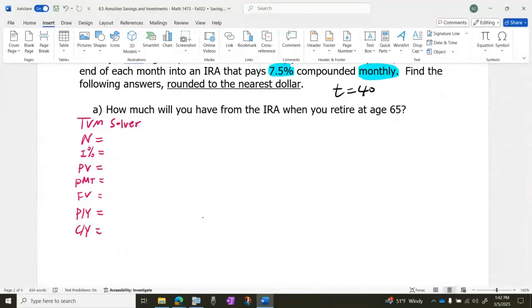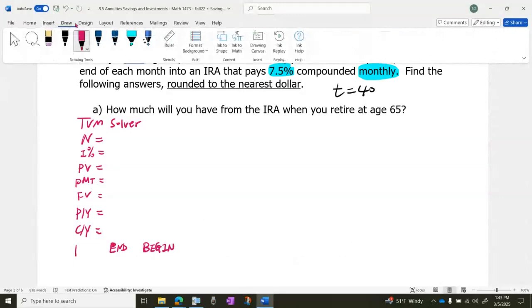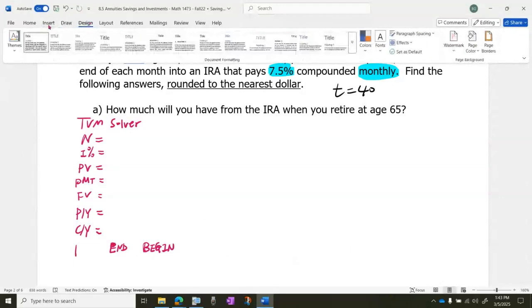Also, you would have an END and a BEGIN here. All right, payment. Yeah, look at your calculator.